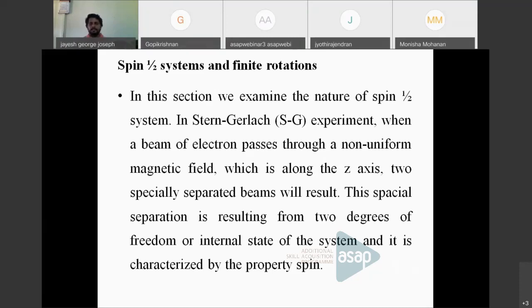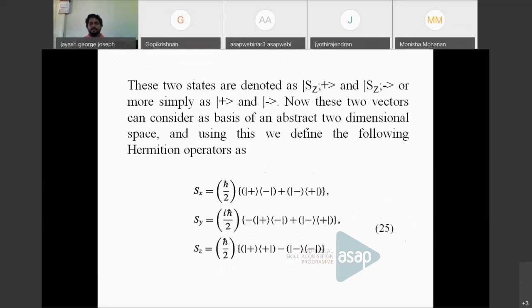You are familiar with that experiment? This spatial separation results from 2 degrees of freedom or internal state of the system, and it is characterized by the property spin. The 2 states are denoted as Sz plus and Sz minus, or more simply as plus and minus. These are the 2 states.